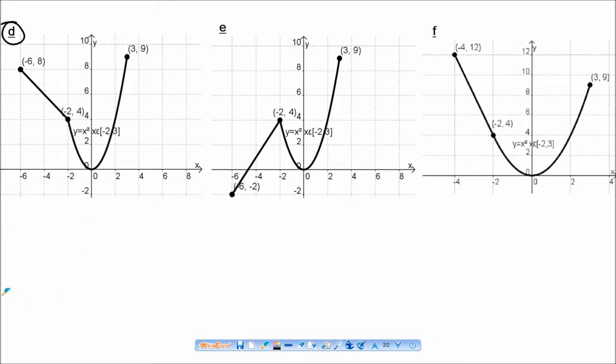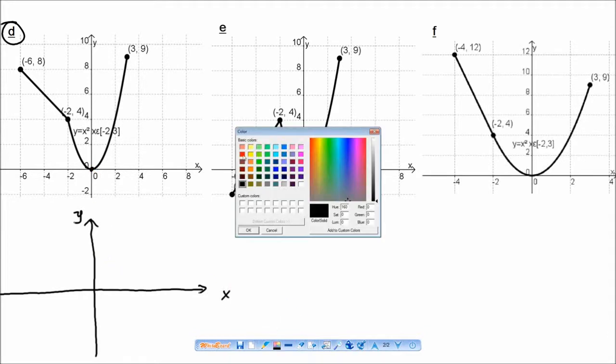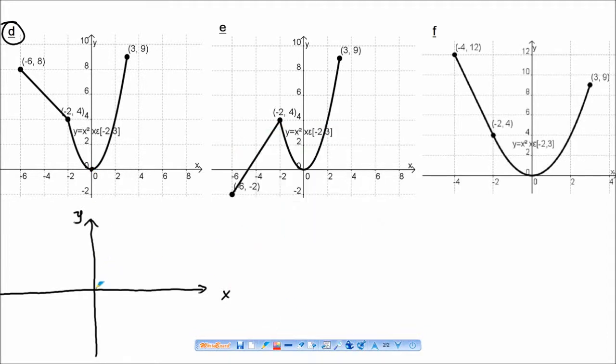Now let's draw the graph, x and y. At the turning point, the gradient function is 0, and I will have a straight line like this.